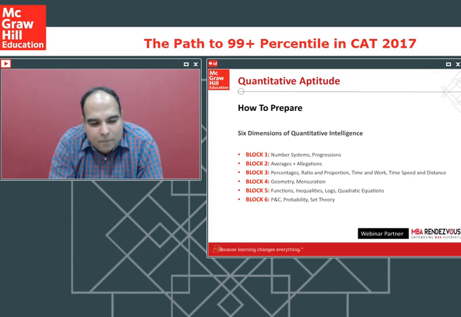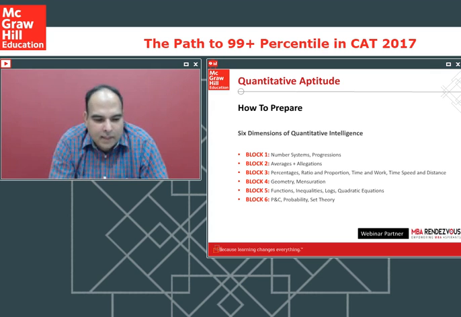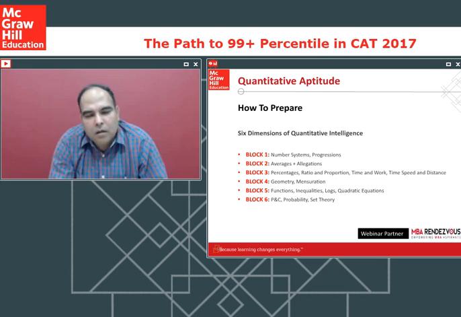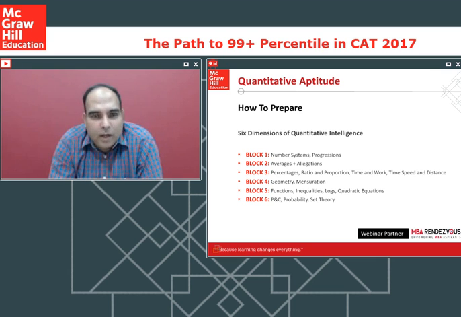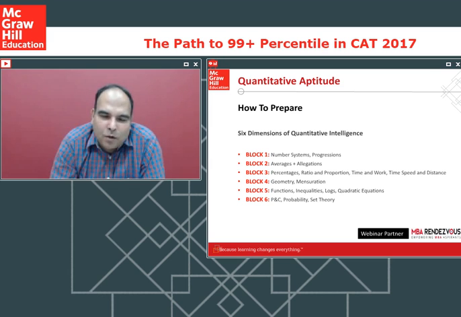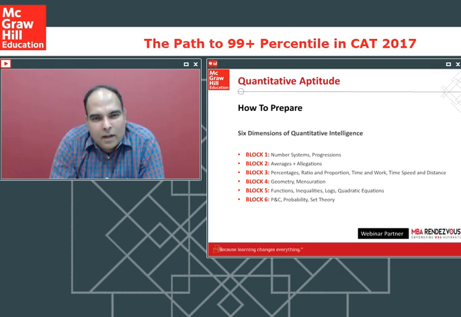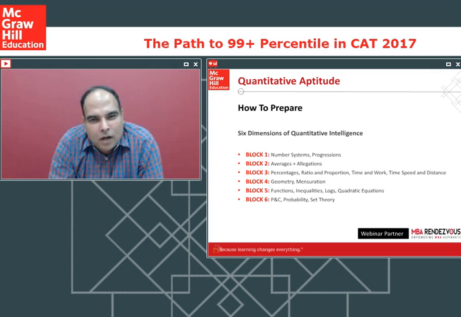And the difference between a tough exam and an easy exam is basically that the number of tough questions would vary. In an easy exam, out of 34 questions, you'll get 6 tough questions. And in a tough exam, out of 34 questions, you might get 12, 13, 14 tough questions. When you look at it that way, it does not seem too tough because you still have 20 easy questions, but it affects you greatly in terms of the way you're solving the paper.